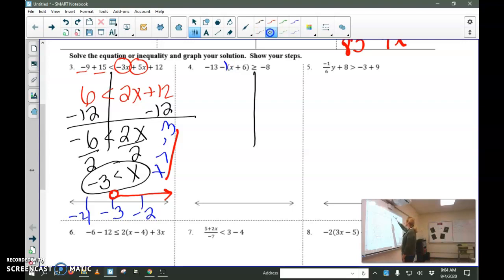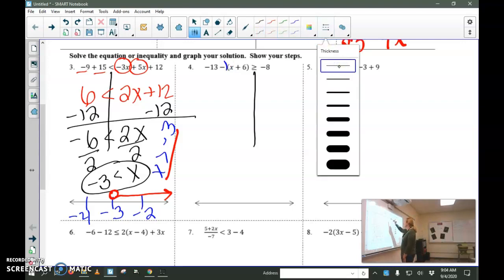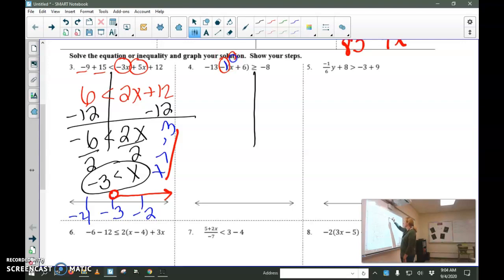So I'm going to circle that I have to distribute first, and the number I'm distributing is -1. -1 times x is -x. -1 times +6 is -6. I'm going to rewrite that -13, my greater than or equal to symbol, my -8.